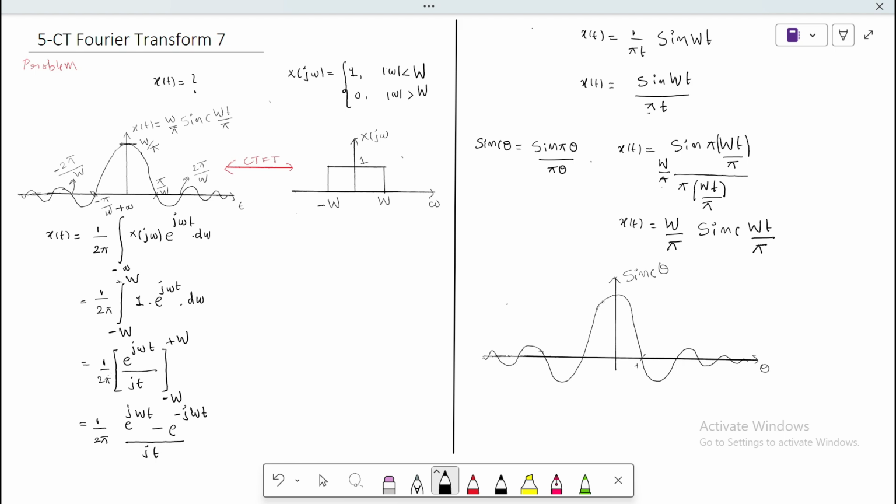So this is theta 1, theta 2. These are the theta values, minus 1 and minus 2. Here, whenever t equals pi by w, it will be 0. So this is the case. This is the sinc theta function.